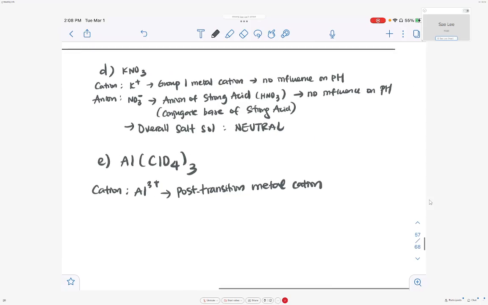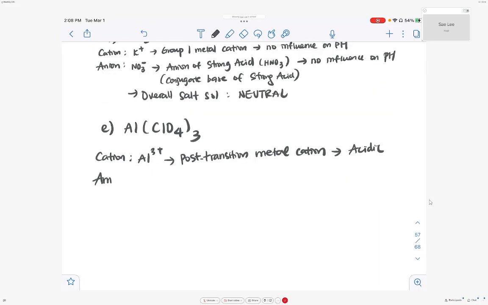It will have acidic influence on the pH, right? It will make the system more acidic because it increases the proton concentration, right? So it will make the system more acidic. It has acidic influence.